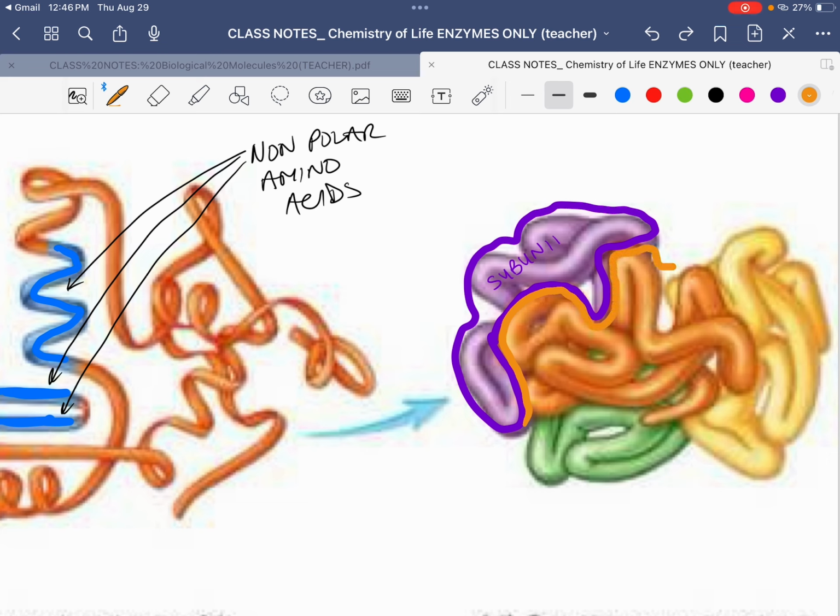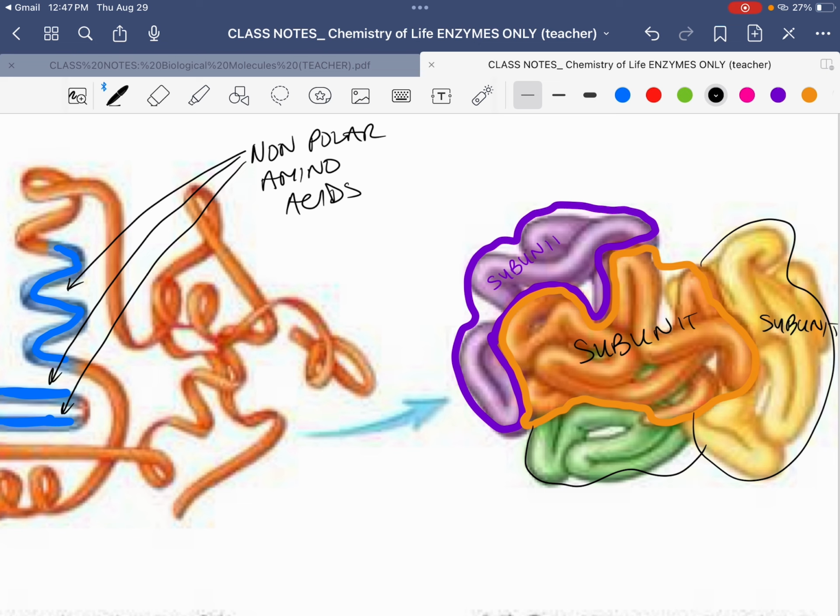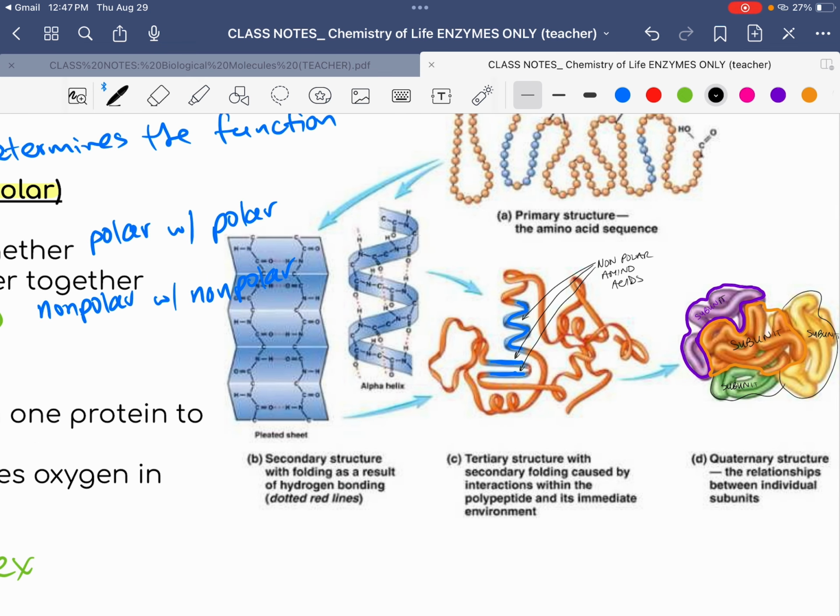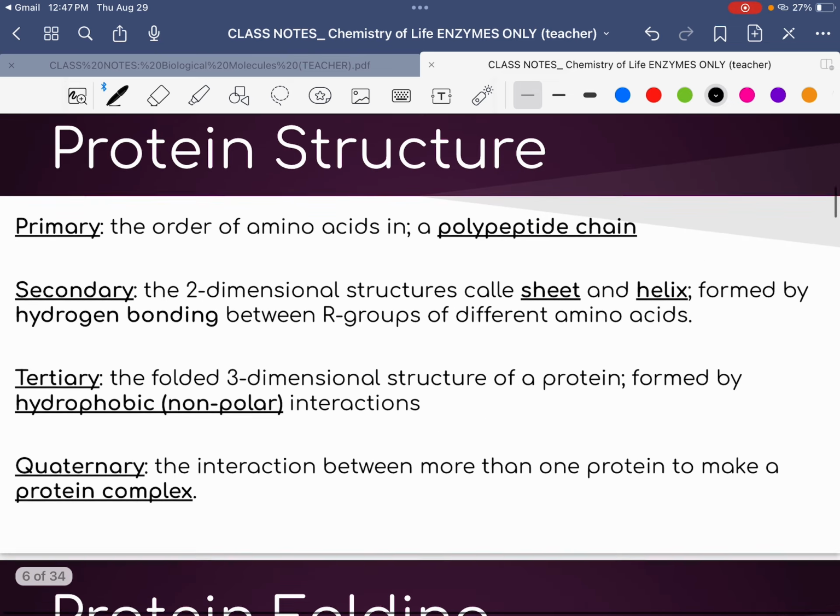This is another subunit. Let's do it black. There's another subunit. Right, and then this yellow one here, there's another subunit, and then this green one here, there's another subunit, right? Okay, cool. Okay, and so together, they make the finished product, the finished protein, which is a quaternary protein.